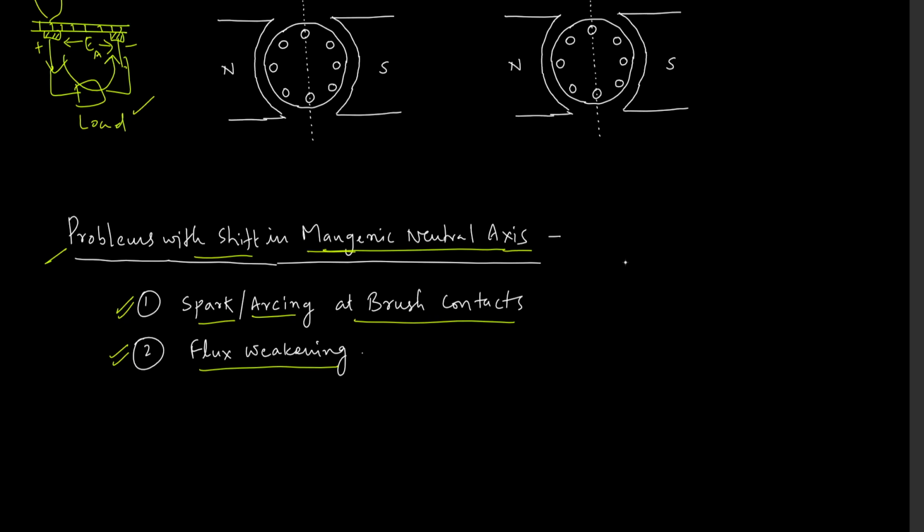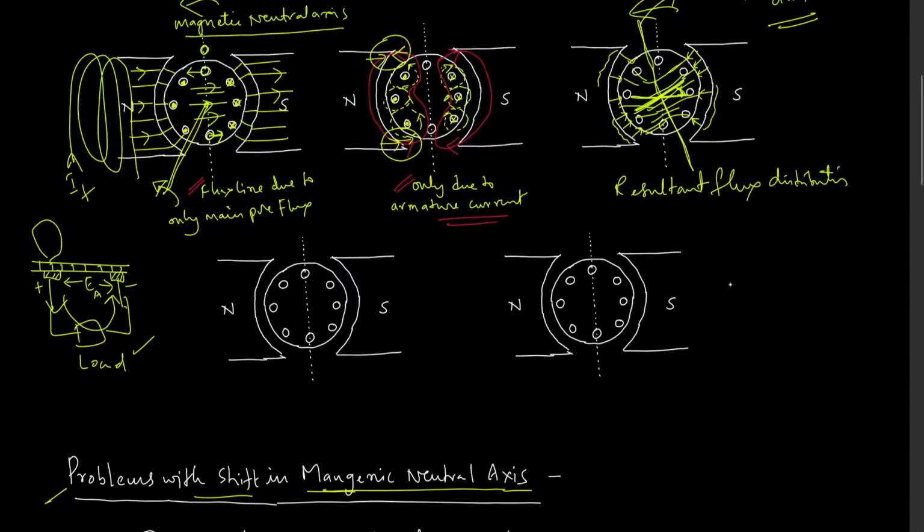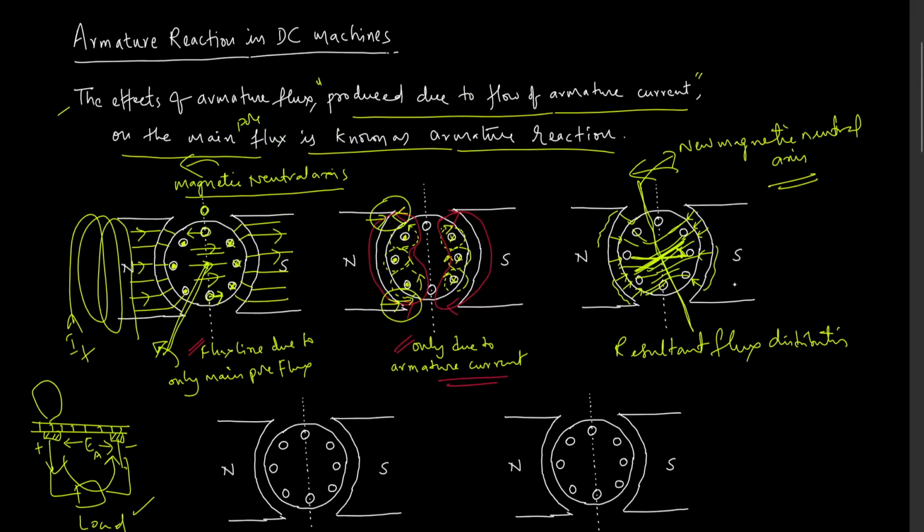Now I make a point here: this shift angle depends on the strength of the armature currents. If I load the generator more, I'll be getting more armature current.